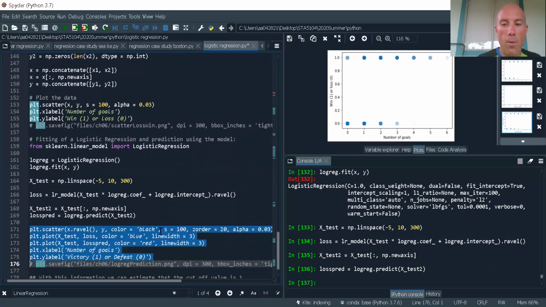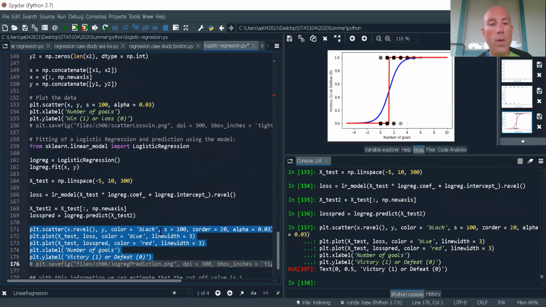Here we built a model on our data. Now we want to get an idea, off of a range of potential values, which we call X tests in this data, what the probability of winning or losing is.